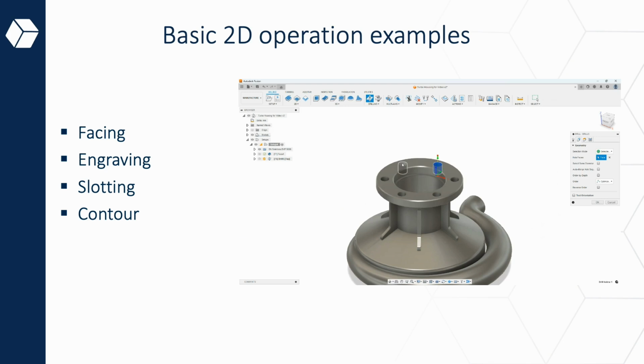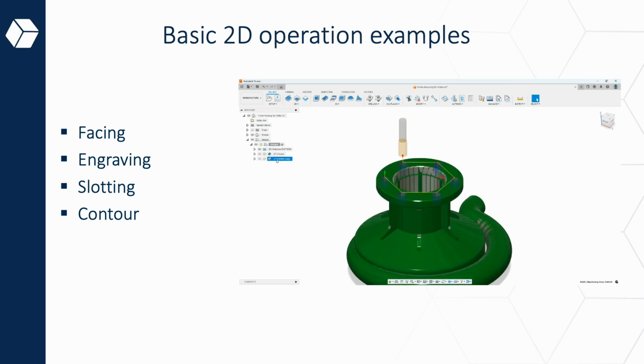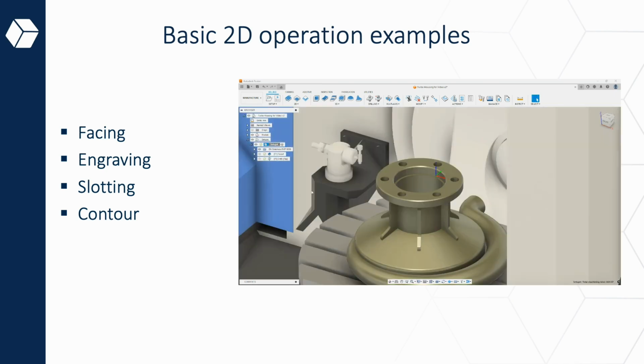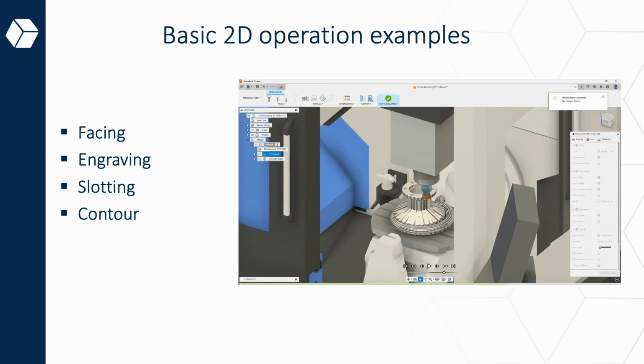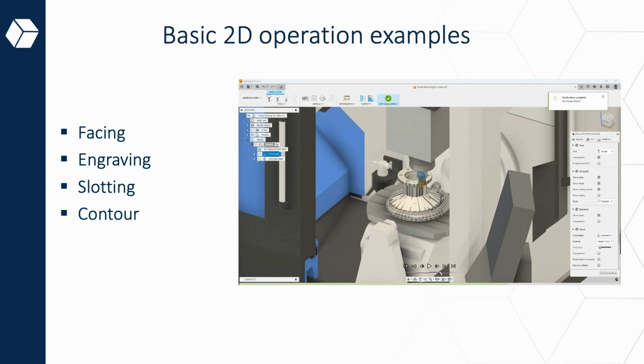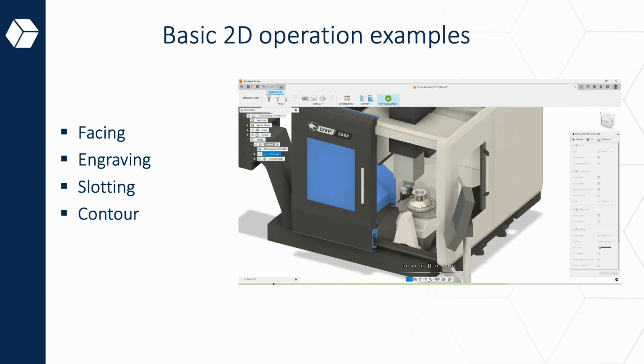And select our hole geometry, which will automatically tell us the top and the bottom depth of the hole. Go to our 3D model of the CNC machine, and we can quickly watch a simulation of those toolpaths.